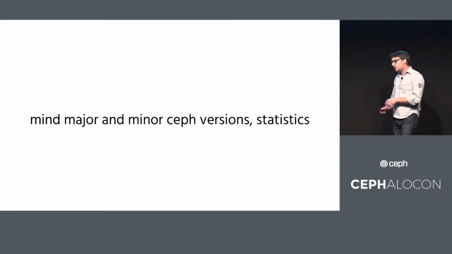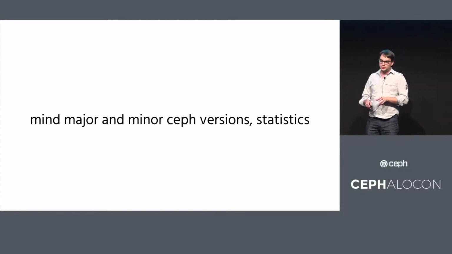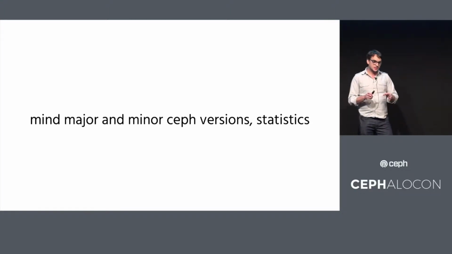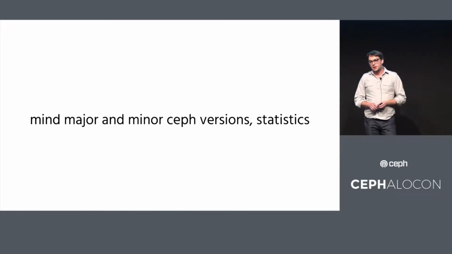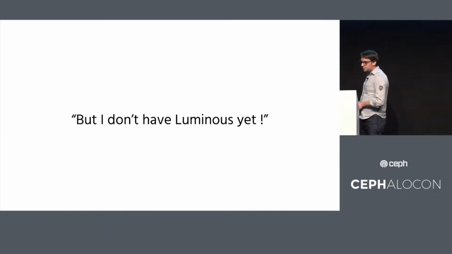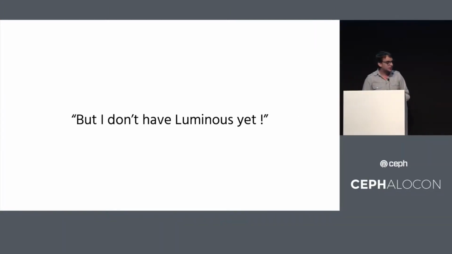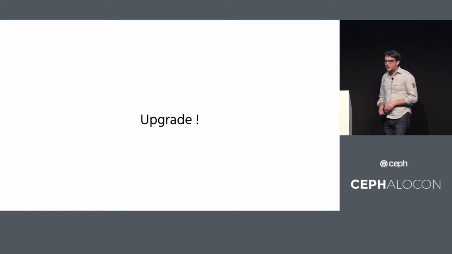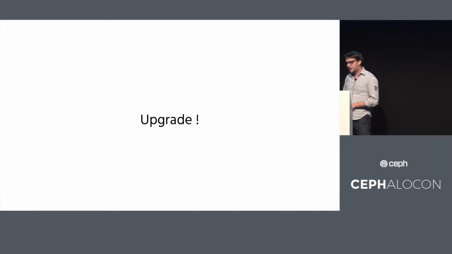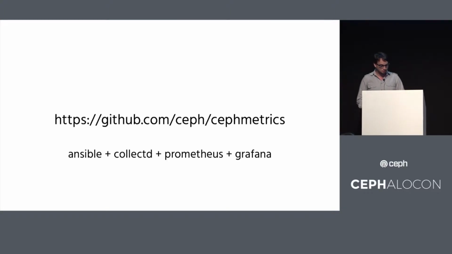Also, you have to look into the statistics that they send to your metrics server, because everything might not be there. You want to use the manager and the modules, but you don't have Luminous yet? Well, please upgrade. Jewel is end of life, and we'll come back to the topic of upgrades.